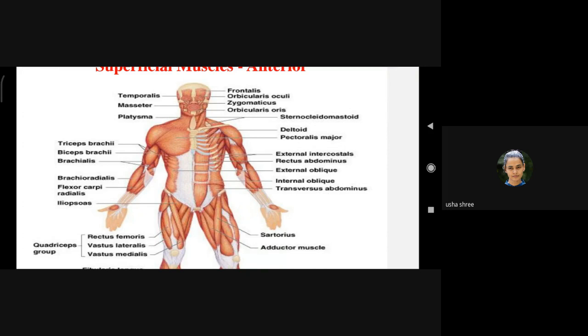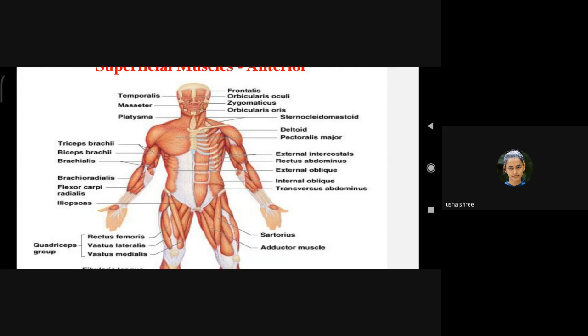So external oblique, internal oblique, transverse abdominis, internal intercostal muscles found between the ribs, rectus abdominis. These names are due to shape, function, or location.